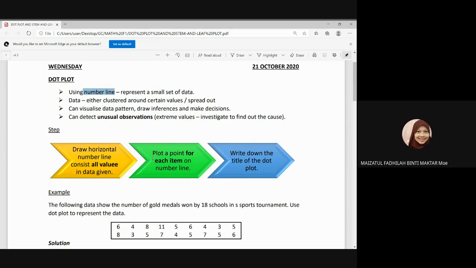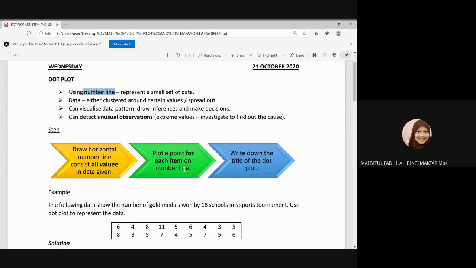Then plot a point for each item on the number line. That means if the data has the same number, you just plot another point there. Then write down the title of the dot plot.